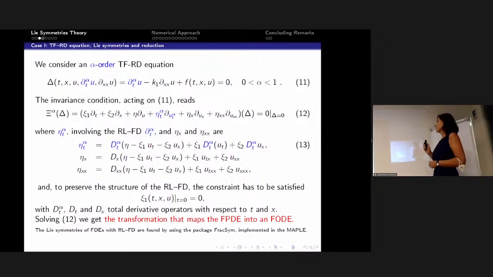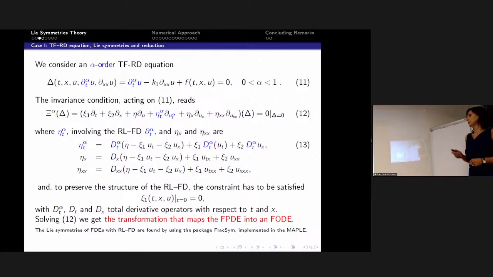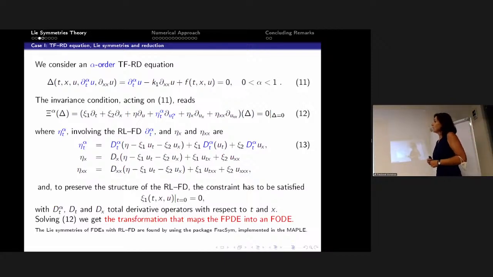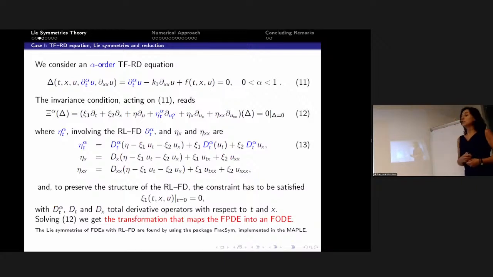Moreover, C1, one of the infinitesimals, has to satisfy the condition reported at the bottom of the slide. In this way, by solving equation number 12, we can map the original equation, number 11, into a fractional ordinary differential equation.